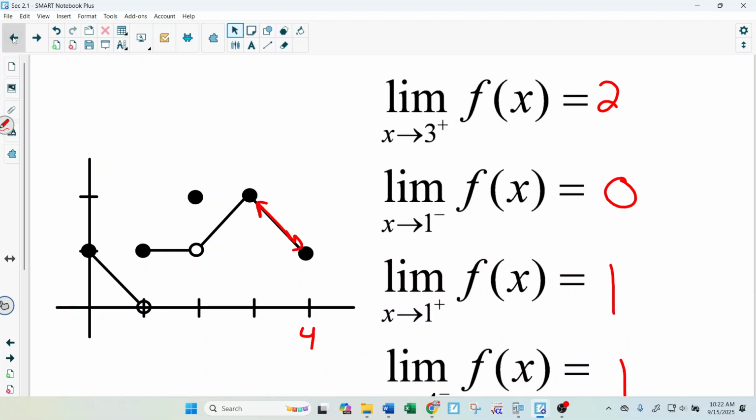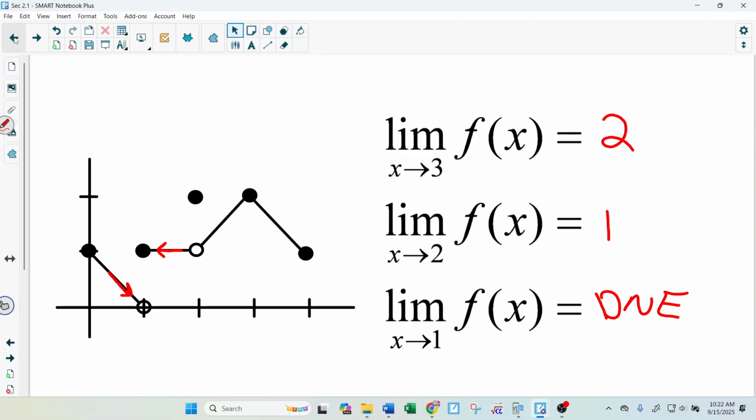If we go back here, did our limit exist at 1? No. Why not? Because the limit from the right and the limit from the left were not equal, right? Therefore, it doesn't exist. The limit at 3 was the same from the right and from the left, so it exists. The limit at 2 was the same from the right and from the left.